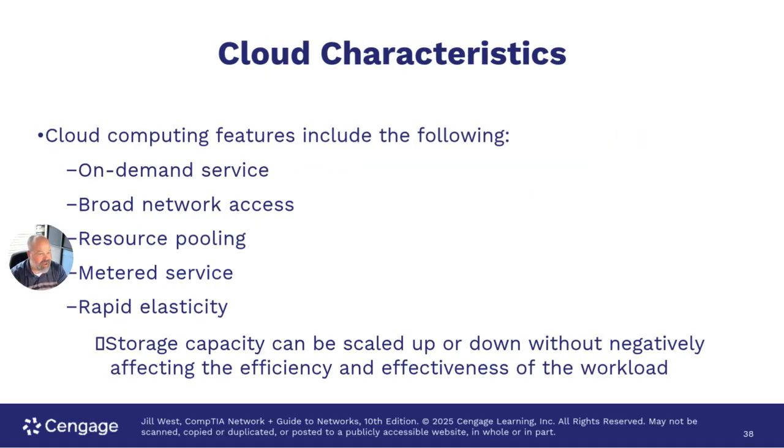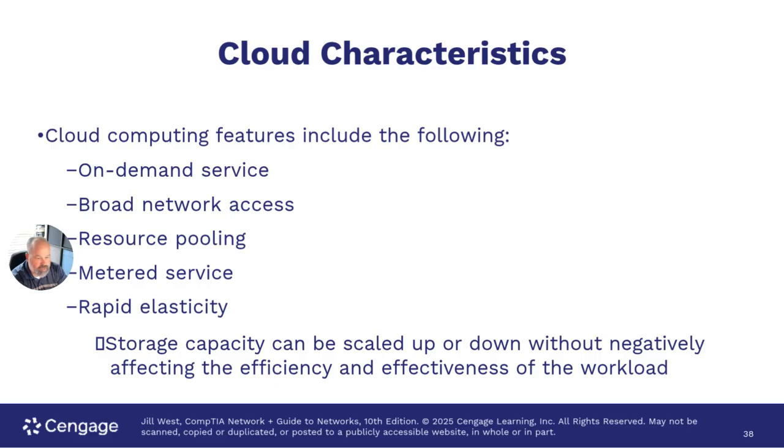Cloud computing has 5 essential characteristics, kind of like the 5 basic food groups, but for technology. On-demand service is one of them. It means that you get what you need when you need it, kind of like having a 24/7 vending machine. Next, we have broad network access, and that means you can access it from anywhere that has an internet connection.